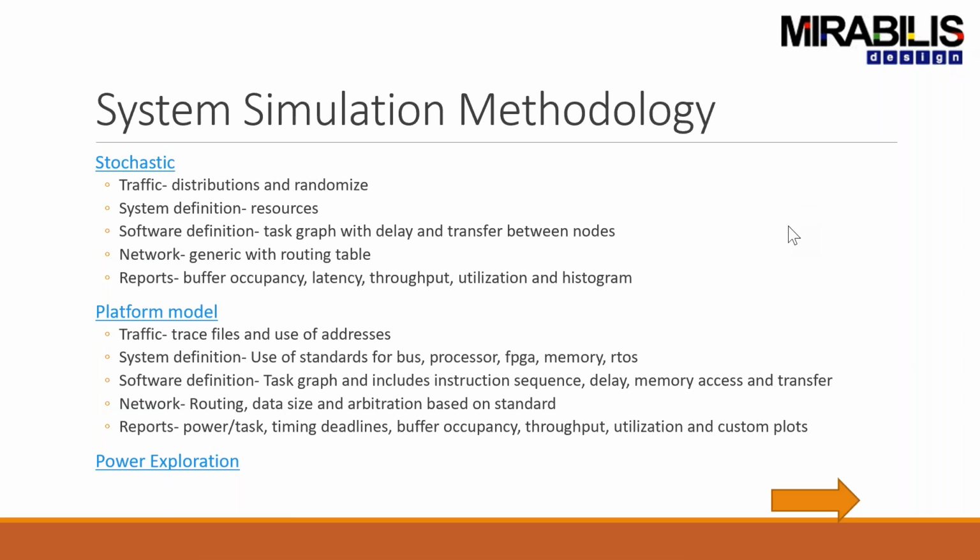Now, when I look at stochastic processing, what that really means is not that my accuracy is not good, and it does not mean that I'm being very generic. What it means is that I'm getting a much larger picture, or a much wider scope of freedom to make changes. So in this particular case, what you would try is a large number of distributions or randomize the traffic that you feed in.